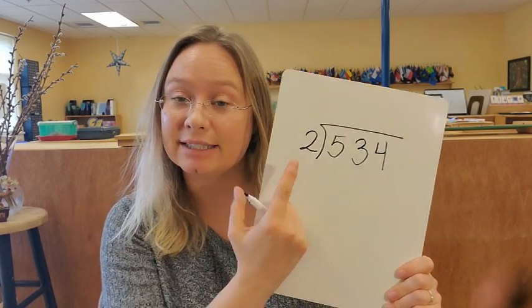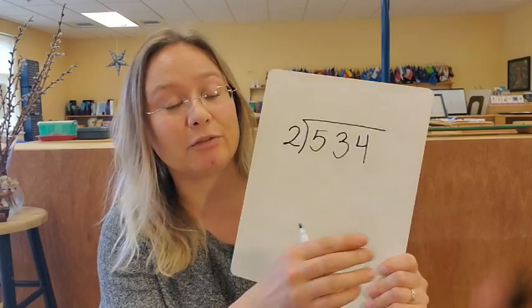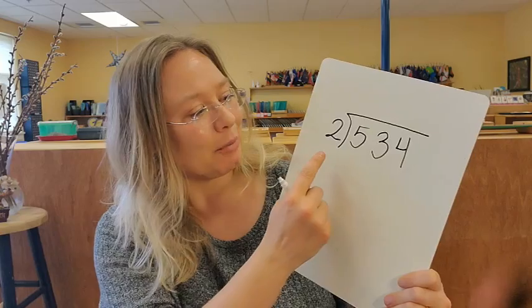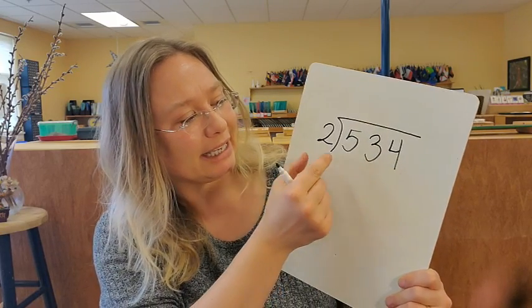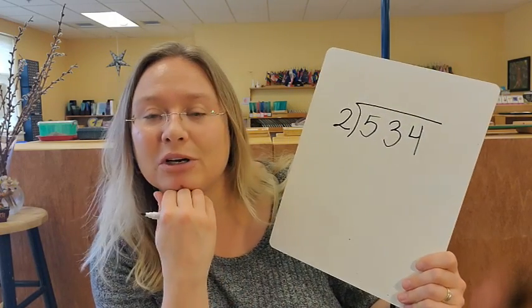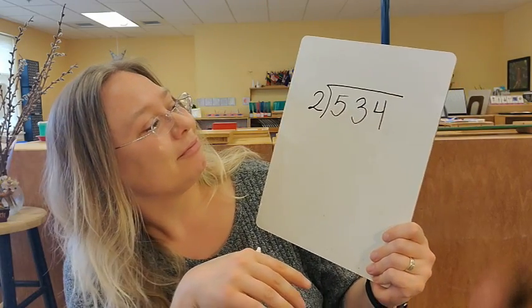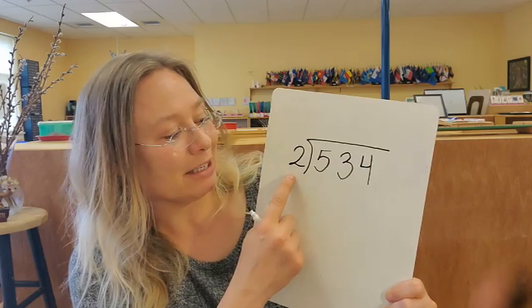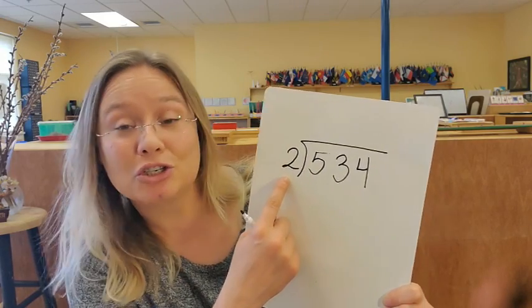I could think of this as dividing 534 into 2 equal groups. I'm also seeing how many groups of 2 fit into 534 equally. So 534 is my dividend divided by my divisor, 2.